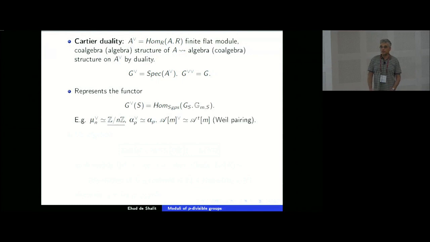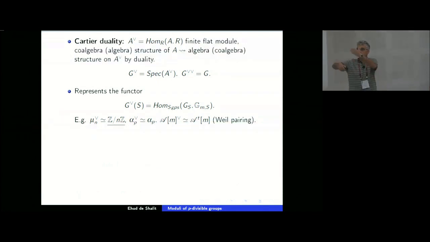So it represents the functor that sends any R-algebra S to the homomorphisms as S-groups, in the category of S-groups, between the base changes of G to S and of the multiplicative group to S. This is, of course, very different than the homomorphisms from the S-points of G to the S-points of G_m. And this is called the Cartier dual.